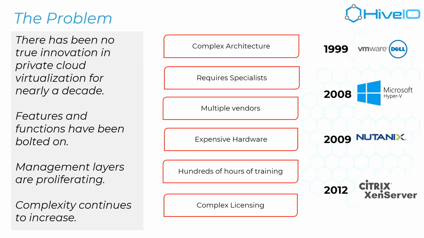There's been additional components that are all tied together to make the data center work more efficiently, but there's really been no true innovation. We still rely on multiple different stacks, multiple vendors, multiple specialists to run all the different components of our data centers, even in hyper-converged platforms, right?